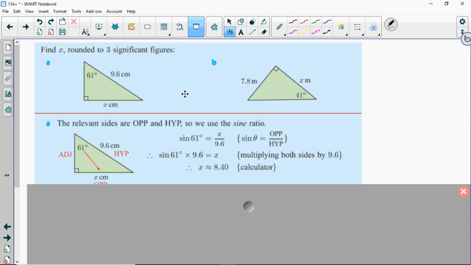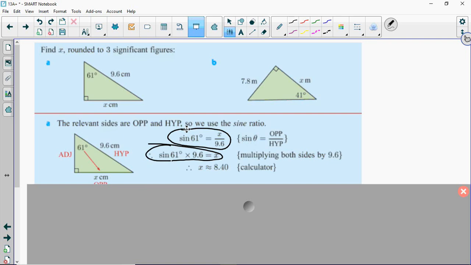It says sine of 61 degrees equals x divided by 9.6. And then we want to get x alone. So x must be equal to sine of 61 degrees times 9.6. And then if we only knew what sine of 61 degrees meant, we could multiply it by 9.6 and get an answer.